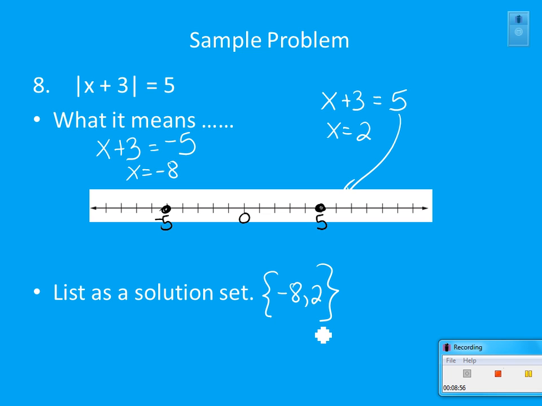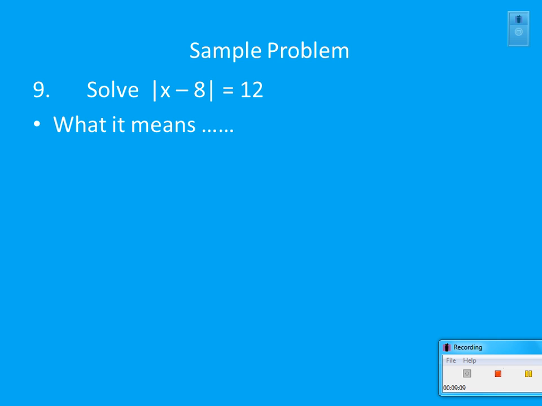Okay. Hey, mathematically, guys, here's what we're going to do. Once you get the absolute value by itself, we're going to set it equal to this number and its opposite. So here's your number 9. Some number minus 8 is going to put me 12 units away from 0. So when we're done, you're going to be sitting at 12 and negative 12.